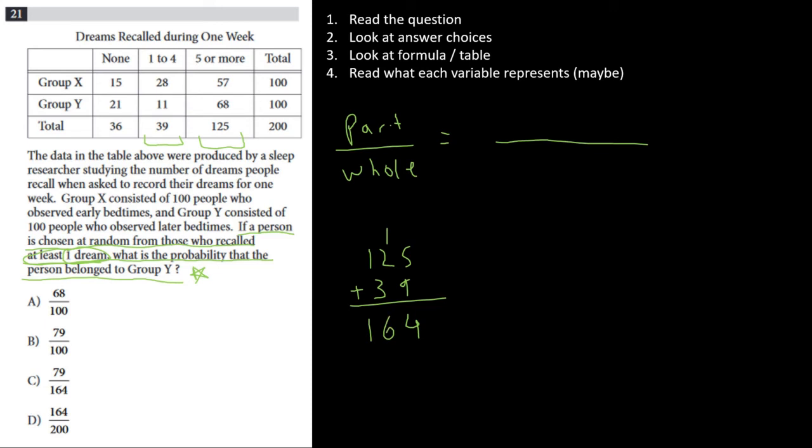So we know the whole is going to be 164. Now the part is, what is the probability the person belonged to group Y? Okay, so group Y, we know it's going to be right here. So you're going to do 68 plus 11, and that will be 79. So the answer would be C.